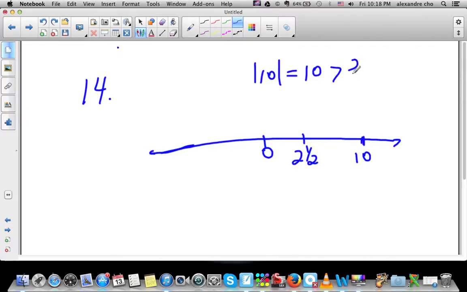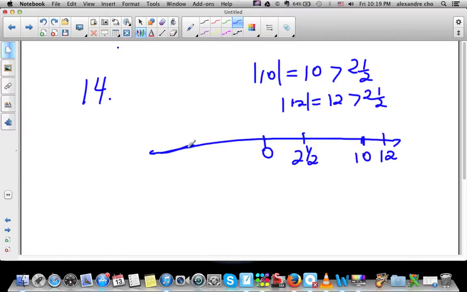Right, that's obvious. If you're at 10, obviously you have to take more steps to go back to 0 than if you were standing here. Another number, I don't know, 12. The absolute value of 12 is 12, which means 12 is greater than 2.5. So these numbers are further away from 0.